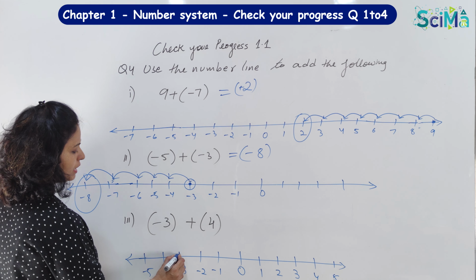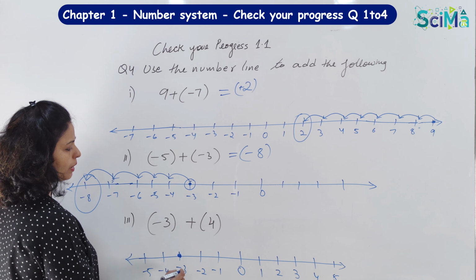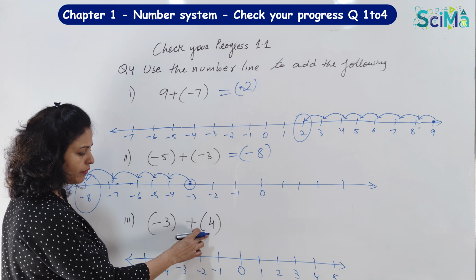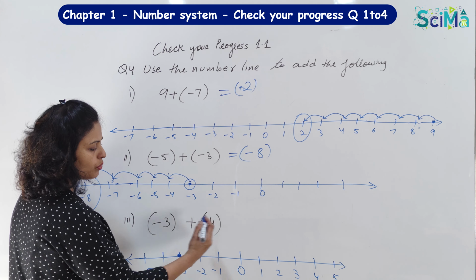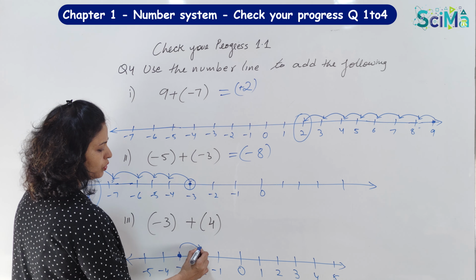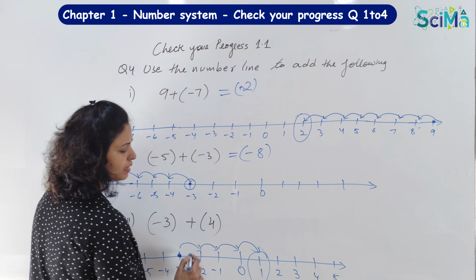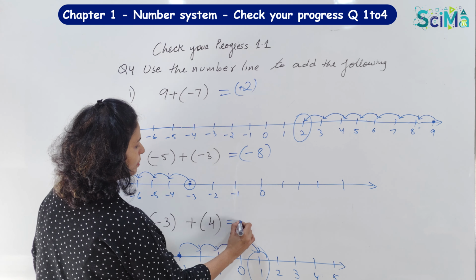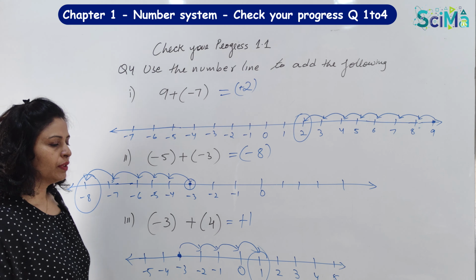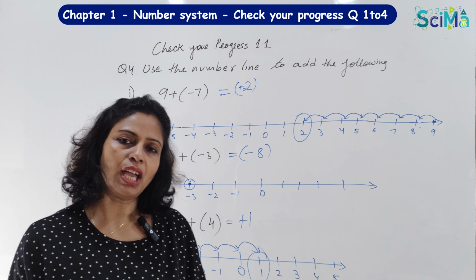I start with minus 3. Which number am I adding? A positive integer. So I go 4 numbers to the right. First jump, second jump, third jump, fourth jump. Where do I land? At plus 1. So the answer will be plus 1. So simple, right? This is how we add on the number line.